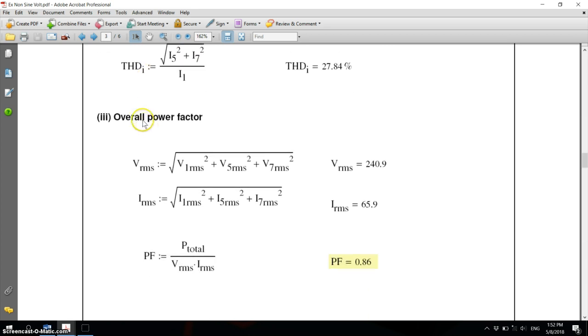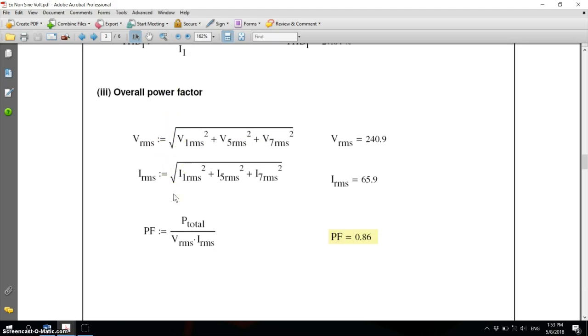And finally, you have the overall power factor. So of course you need to calculate the VRMS, use this equation, and then the IRMS, and use these equations, right? So you get the total RMS of the voltage and current.